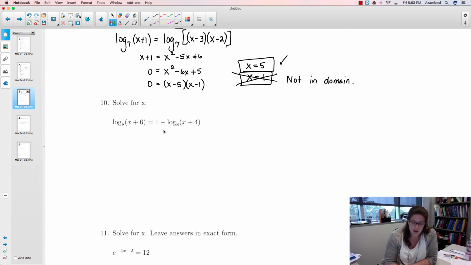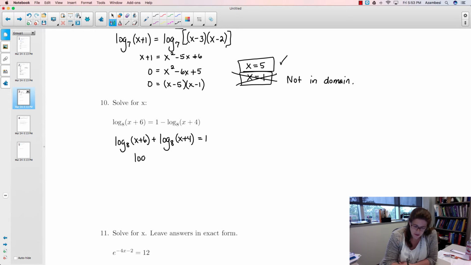So if I move the log base 8 of x plus 4 over to the other side, I have log base 8 of x plus 6 plus log base 8 of x plus 4 equal to 1.